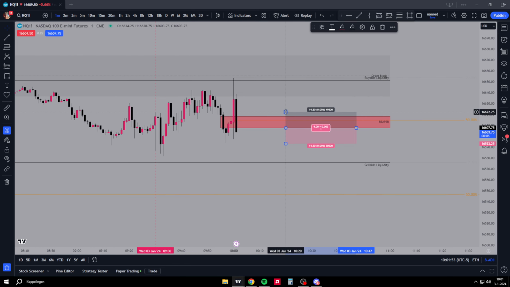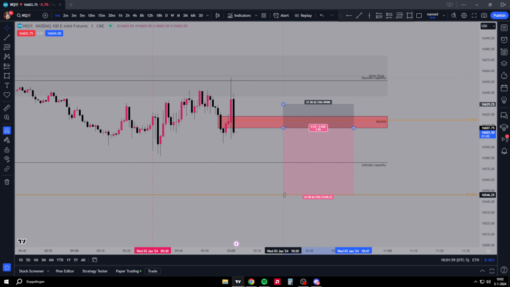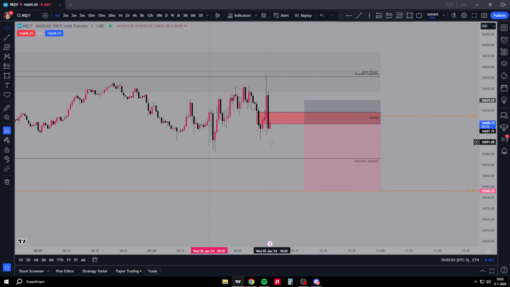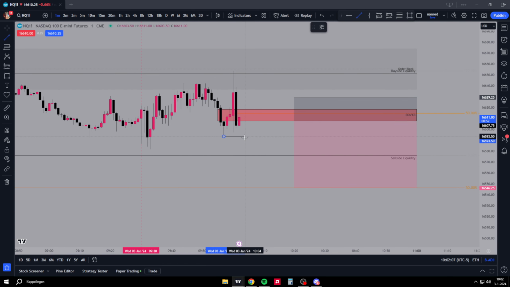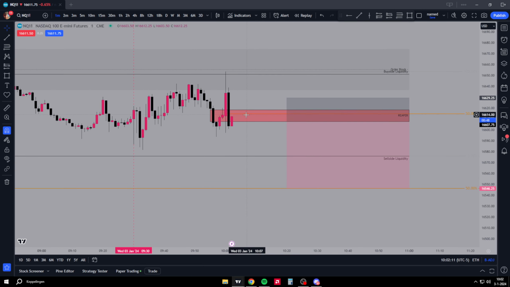So then here, and then stop would be like here, then could still target equilibrium. That's only if we take this low. So this would make it a Reaper, and I'll enter on the Reaper actually.